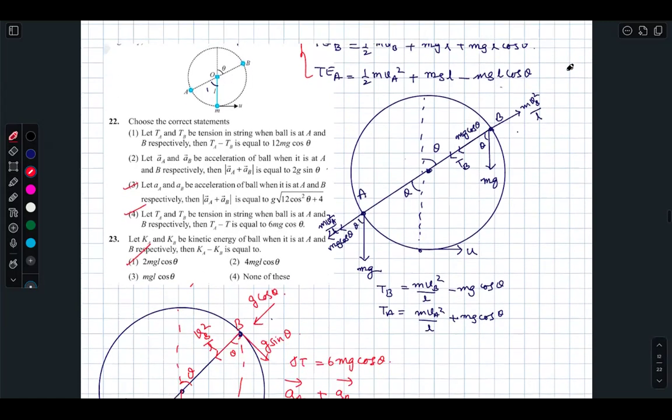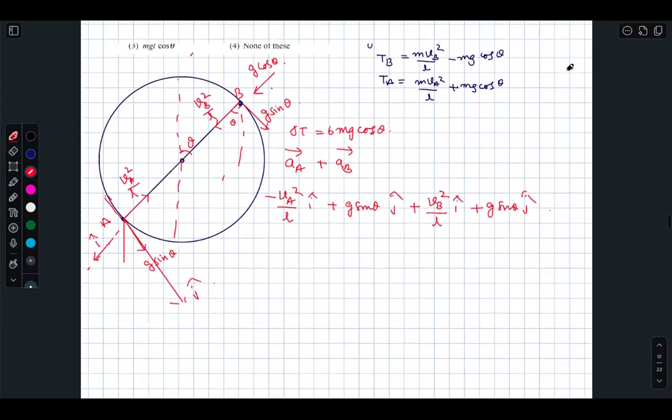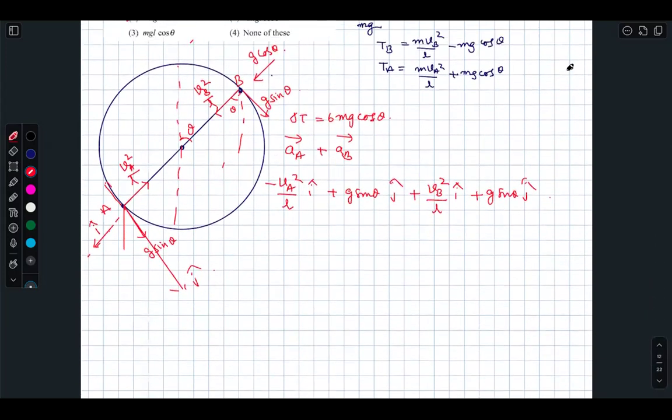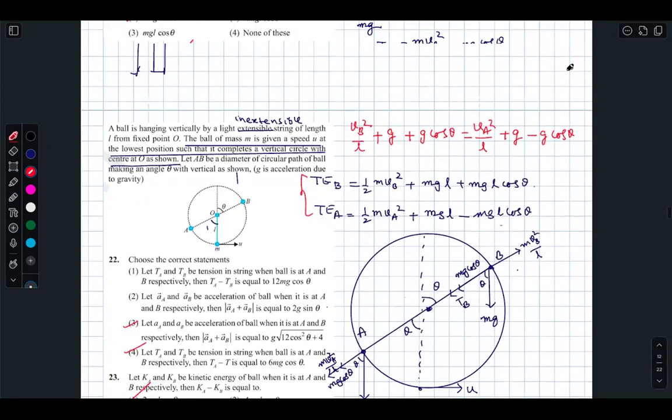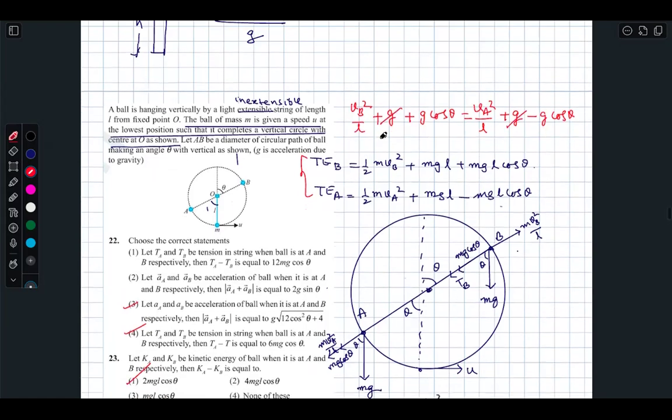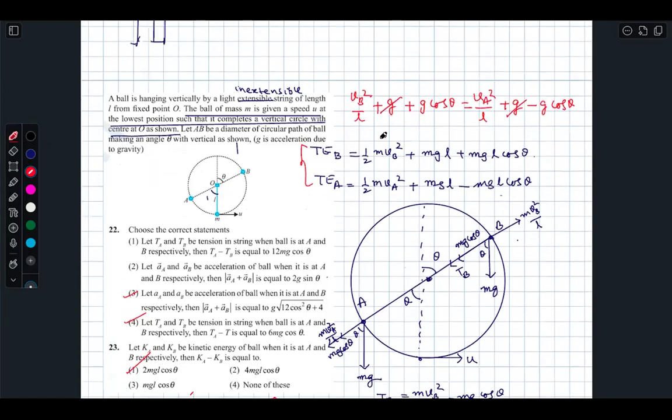What do you want? VB square minus VA square. You can cancel these two. So VB square by L minus VA square by L is minus 2g cos theta.